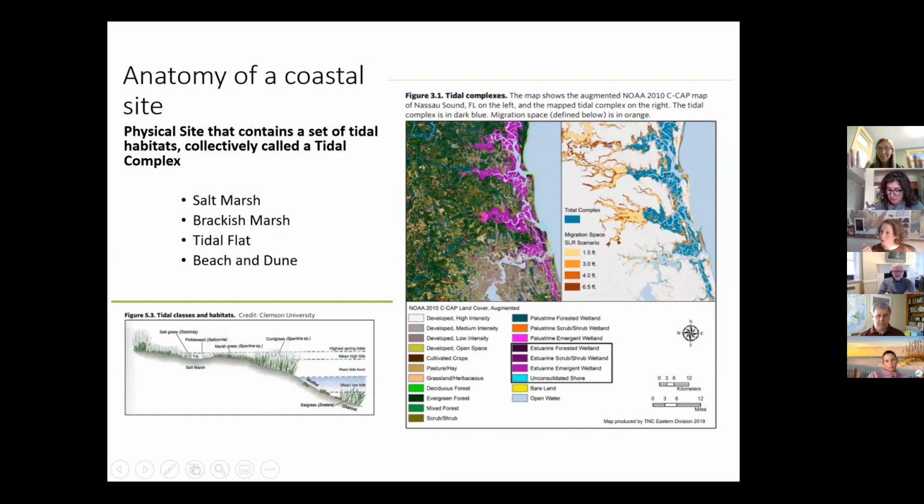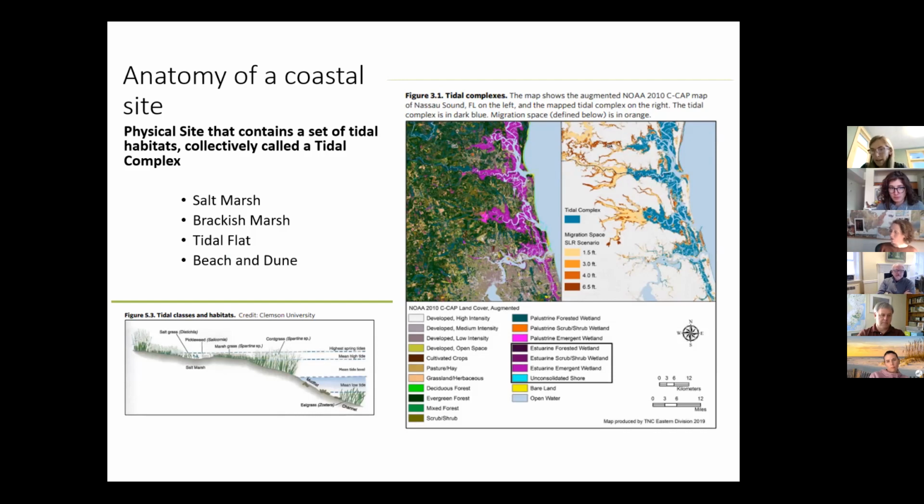The other thing that I think is important to remember off the bat, and this was something that I had to wrap my head around, is that we talk about marsh migration space. Usually we just use the term marsh as a catch-all, but actually this tool and many others are about a tidal complex that includes beach and dune sites.